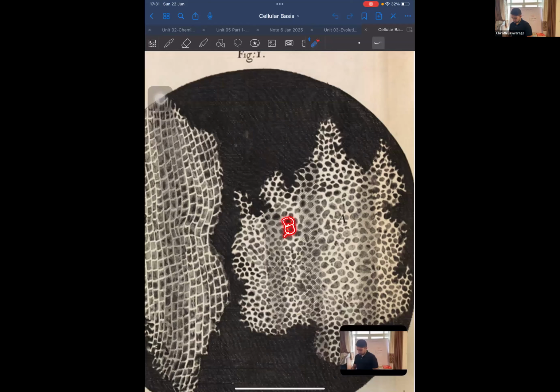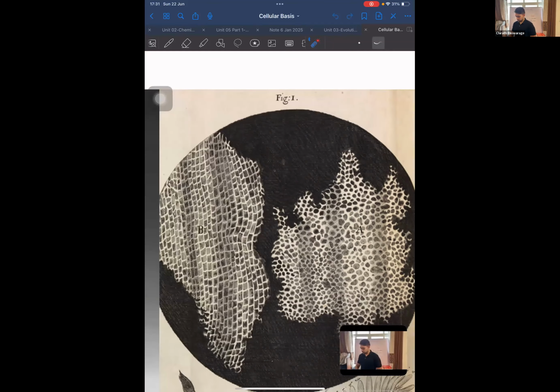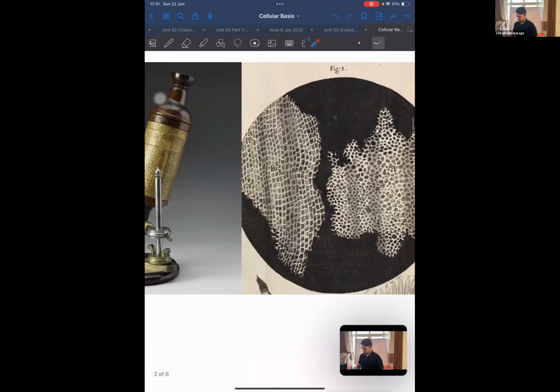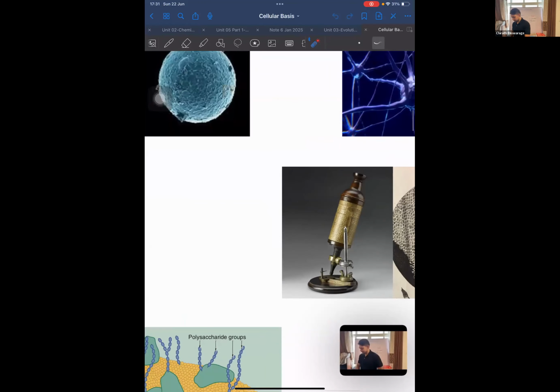Have you seen a beehive? In the honeycomb in beehives, you can see the individual compartments. They look like those, right? So that's why he gave the term cell.